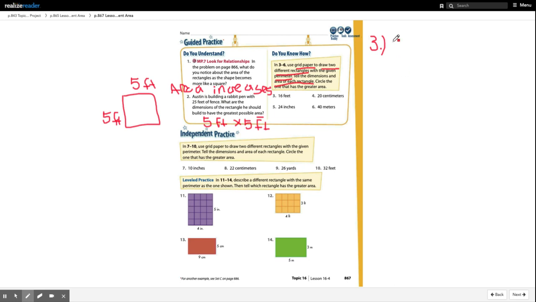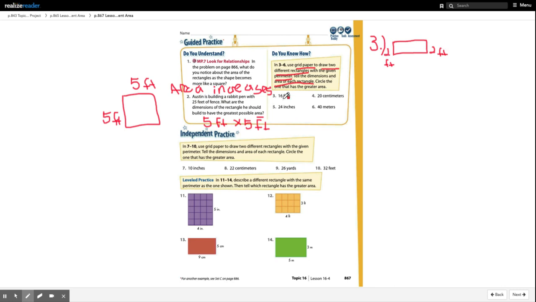So if you're first thinking 2 feet, so 2 feet's here, 2 feet there because they're equal, so we have 2 plus 2.